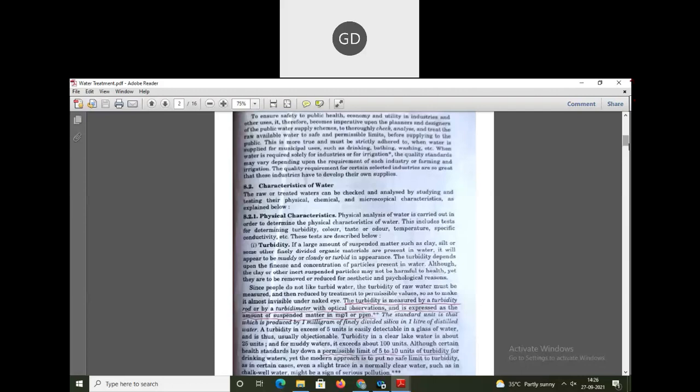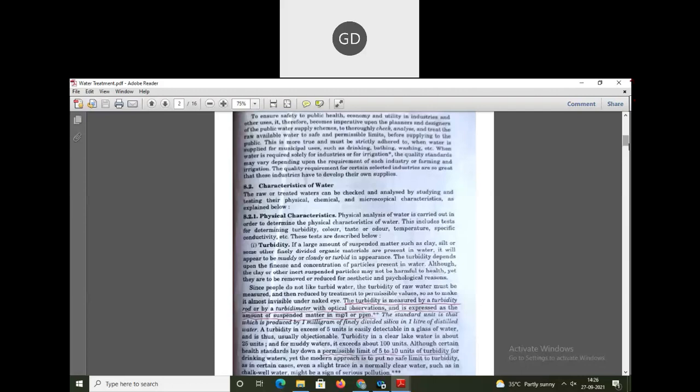That is the terminology you will refer to as turbidity. Turbidity is caused by suspended matter, like clay, silt, or other organic materials present in the water.